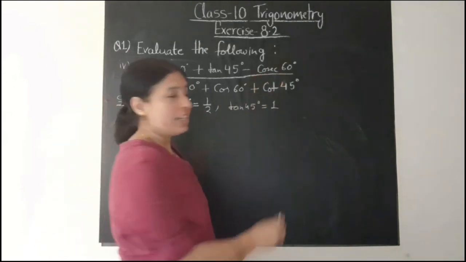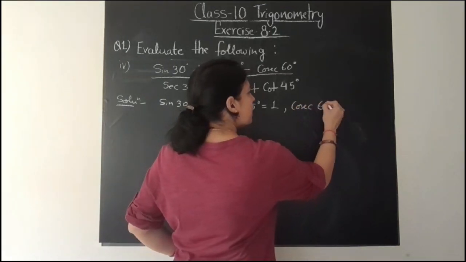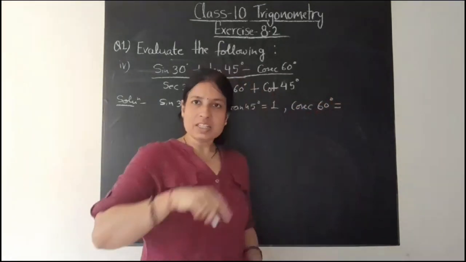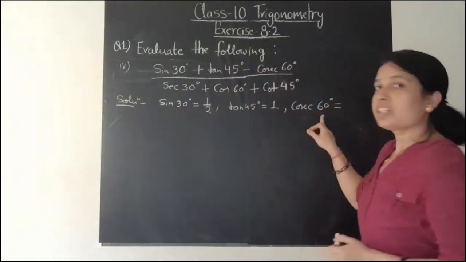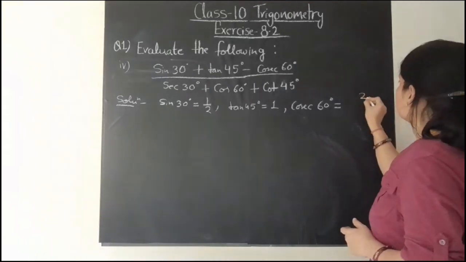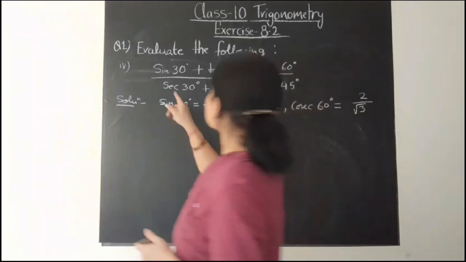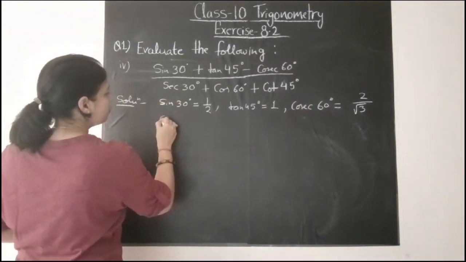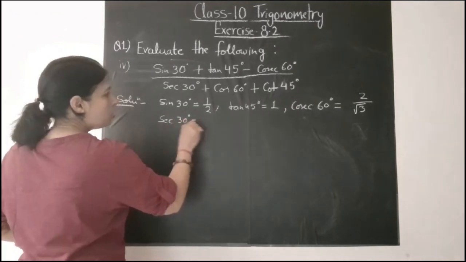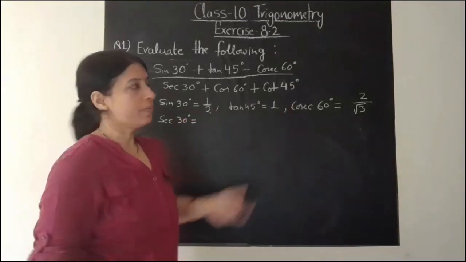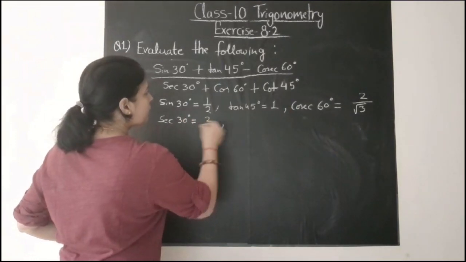Then cosec 60 degree is equal to 1 by sin 60. Sin 60 is equal to root 3 by 2. So cosec 60 will be 2 by root 3. After that sec 30. Sec 30 is the same as cosec 60 degree, so it will be 2 by root 3.